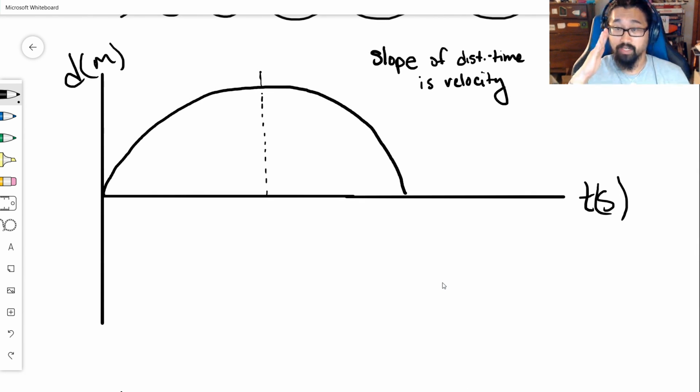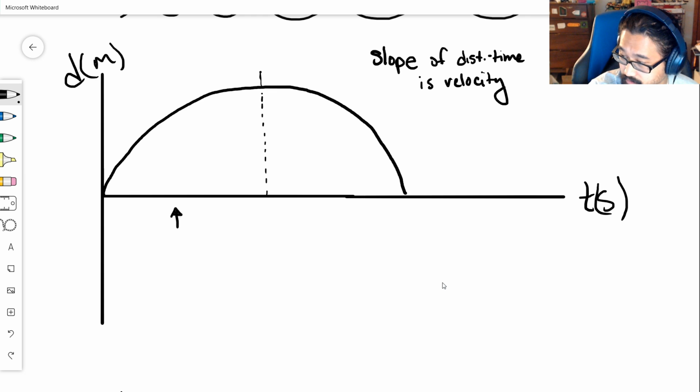So if the slope is positive, it's a positive velocity, and as it gets closer to 0, the velocity is 0, which means that this section is moving forwards because it's going from low to high.